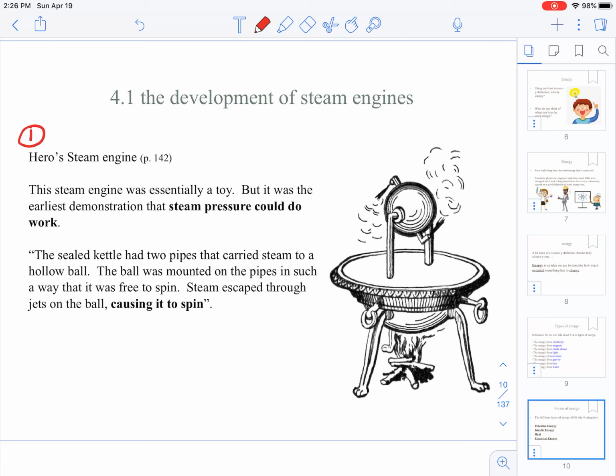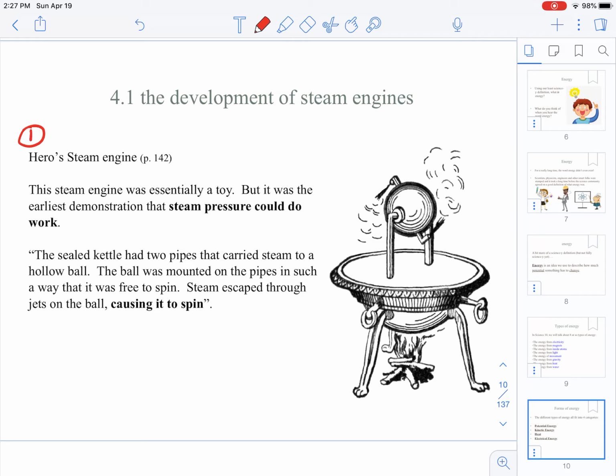So number one, I'll just number them off here. We talk about Hero's steam engine, and you can follow this in your textbook if you like, but we've got concise notes on the main points on the 5 types of steam engines in this PowerPoint.